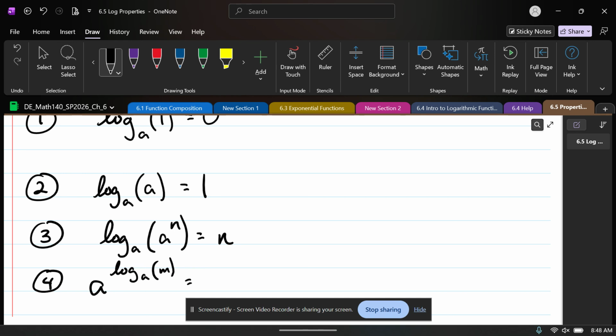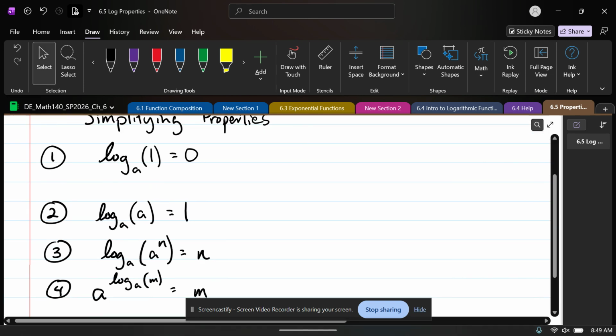Then if it's the same as the base of the exponential, then they're going to cancel each other out, and all you're going to be left with is m, or whatever's inside of this logarithm here. So this log A and that base A cancel each other out. So we're seeing that happen a lot, that the logarithm and the same base on the exponential cancel out. So that's where your simplifying is going to happen, when you have a logarithm with the same base as the exponential. So those are the simplifying properties.